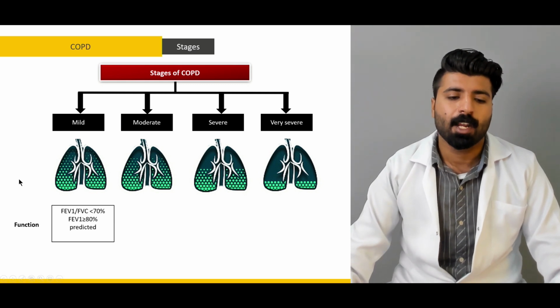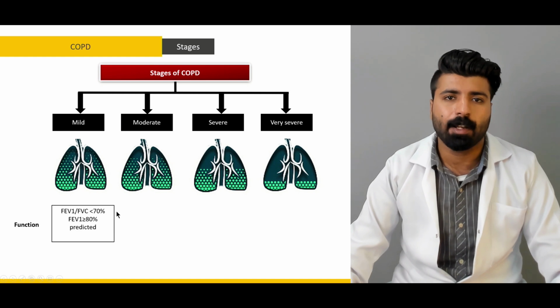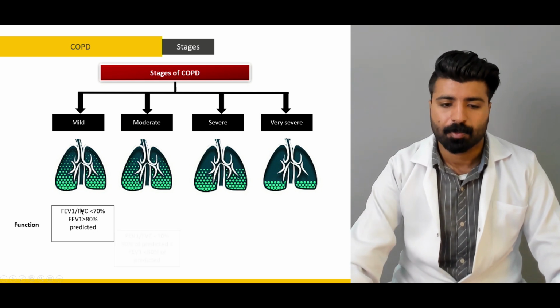First of all, in a mild patient, FEV1 over FVC ratio will decrease, it will be down to less than 70%. What's the normal value? 80%. So it will be less than 70%. FEV1 will be more than 80% predicted. I hope you got the point. I told you FEV1 will not be that much affected, but FVC majorly affected.